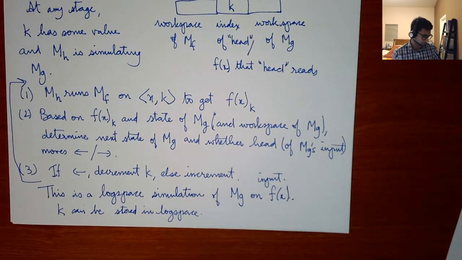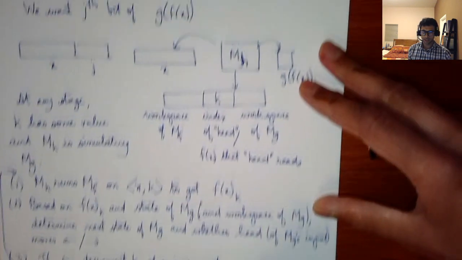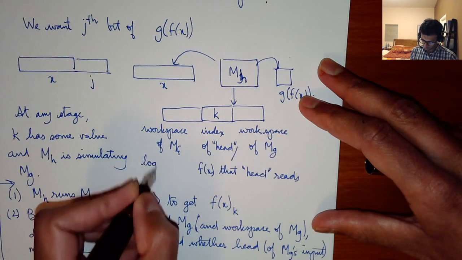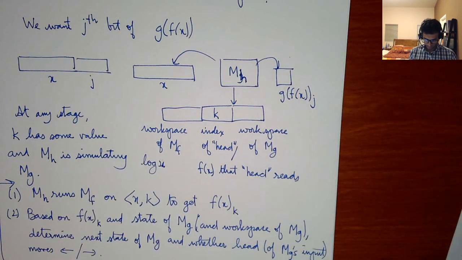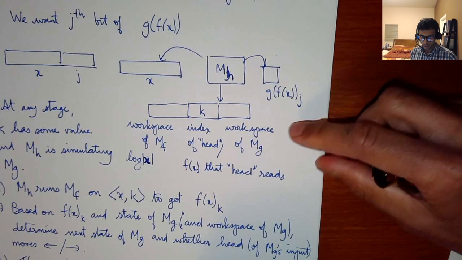Okay, so that completes the simulation. And just to be clear, the workspace of mf is going to be at most log of x, which is log space. What is the workspace of mg?